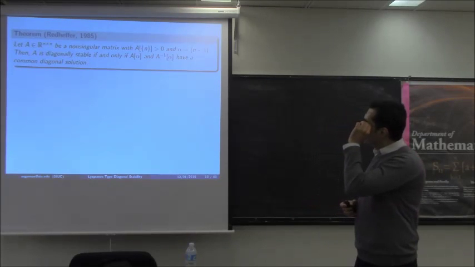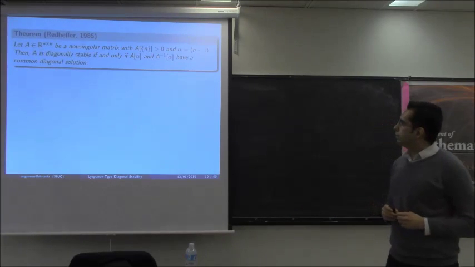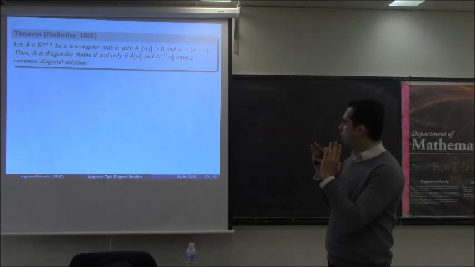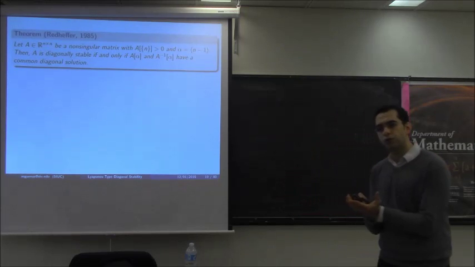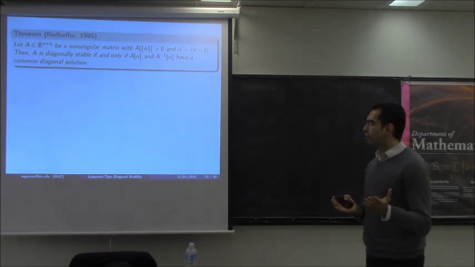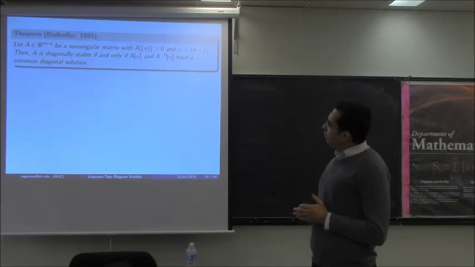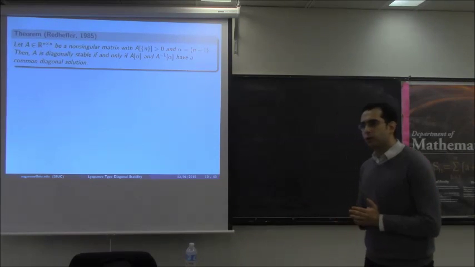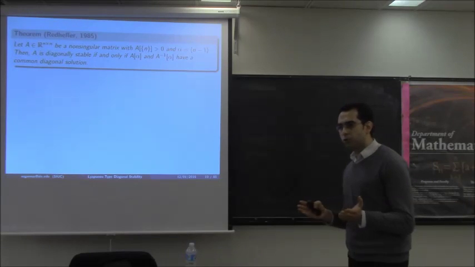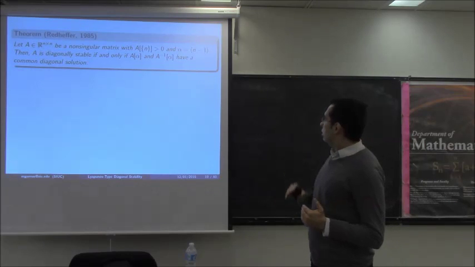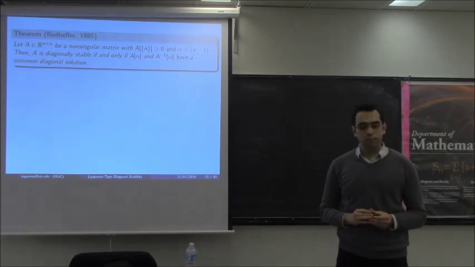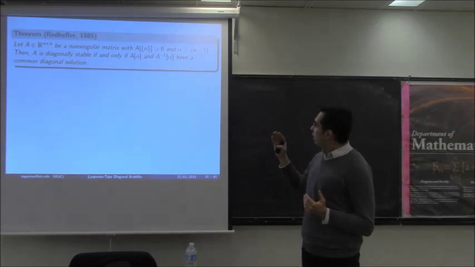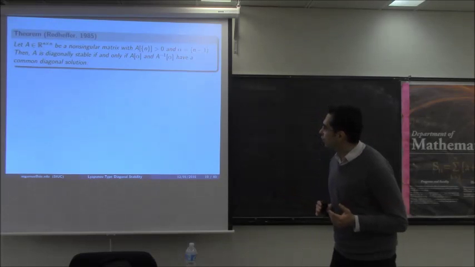Now, this is Redheffer's result. This describes a procedure to determine diagonal stability. Now, here, take a non-singular matrix A with the last diagonal entry positive. Now, let's say alpha is the set n minus 1. And A is diagonally stable if and only if A[alpha] and A inverse [alpha] have a common diagonal solution.